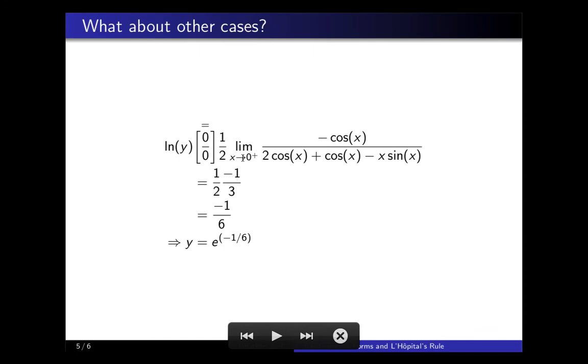So we're going to have a half times minus a third, which tells us that the natural logarithm of y, so the natural logarithm of our limit, is minus 1/6, which says that the final answer, that original limit we started with, the limit as x went to 0 from the right of sine of x over x, all raised to the 1/x squared power, is going to be e to the minus 1/6 power.